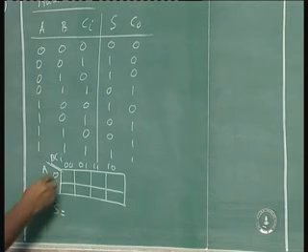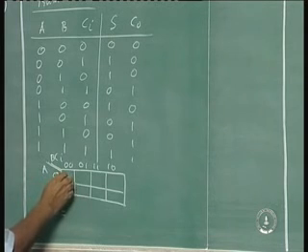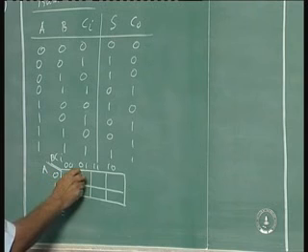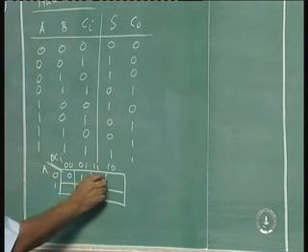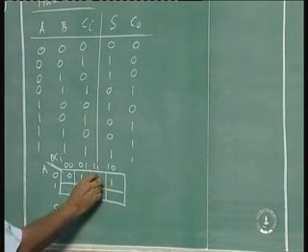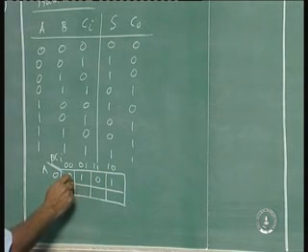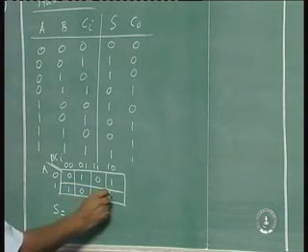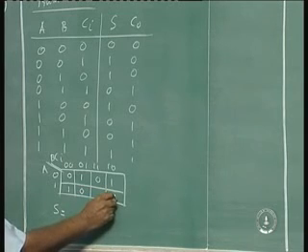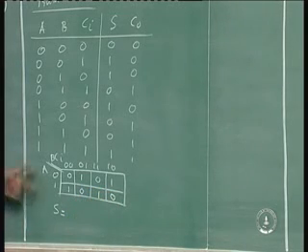So the first row is 0, then 1, 1, 0, 1, 0, 0, 1. This is the truth table and the Karnaugh map.